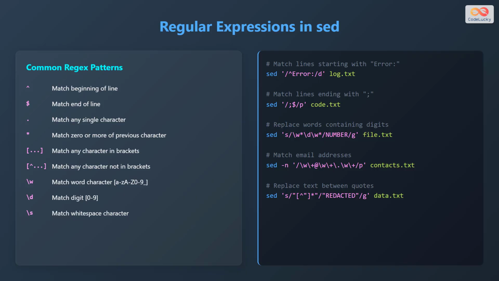Finally, sed s/"[^"]*"/redacted/g data.txt replaces text enclosed in quotes with redacted.